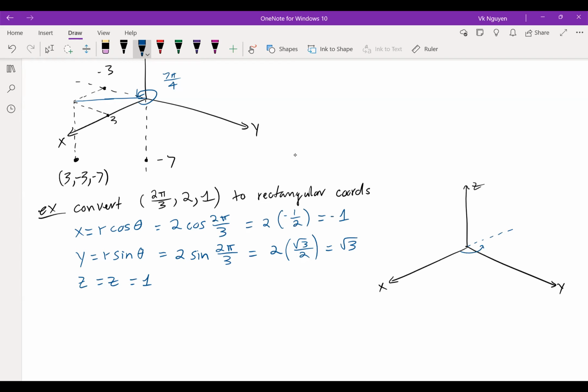Somewhere right here is 2 pi over 3. And then the radius is 2. That's the radius, and z goes up by 1. It is my point, 2 pi over 3, 2, 1.